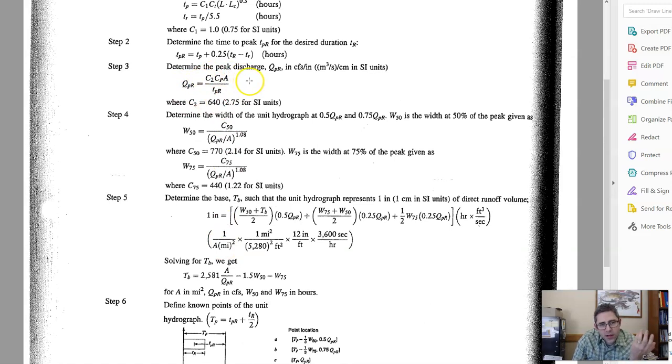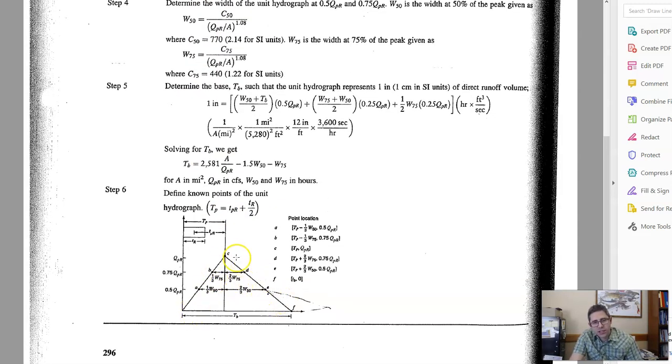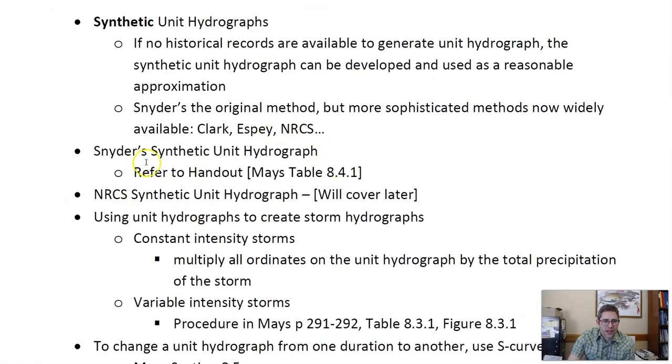So you develop some watershed parameters, you calculate all these different parameters, and then you can draw out what the unit hydrograph looks like. And most synthetic unit hydrographs are triangles or can be plotted as triangles. So that's essentially what Snyder's does. But again, we're going to be talking a lot more about this when we get to the NRCS methods in a week or so.